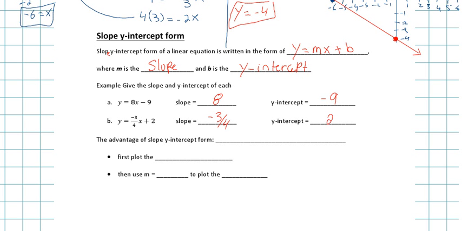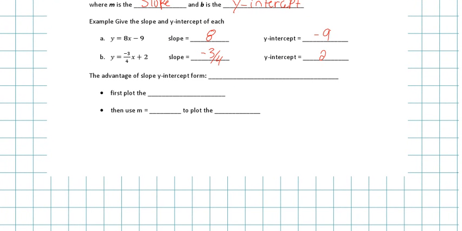Why are we very interested in y equals mx plus b? Why do we want it in this form? Because knowing this equation, it's easy for me to graph the line. I'm going to show you. We've already talked about rise over run before, and this is a slope. So the advantage of this is it's easy to graph.